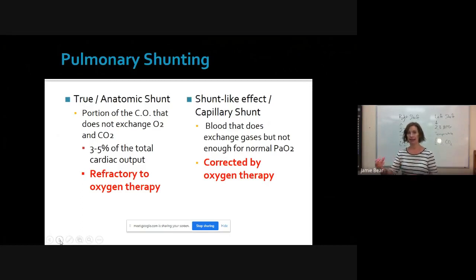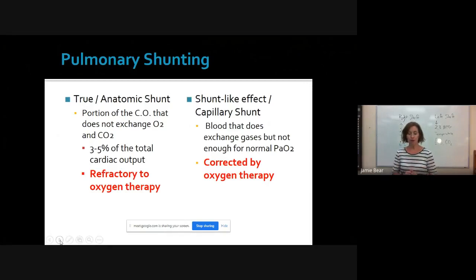There's anatomic and physiologic. This is the same thing. It's not that it's anatomic and it can happen, but it's just that it's not working as much. So what that would be like is in a clinical condition such as atelectasis, where there's a collapsed lung unit, that's just not exchanging enough gas to get to that normal value that we need.